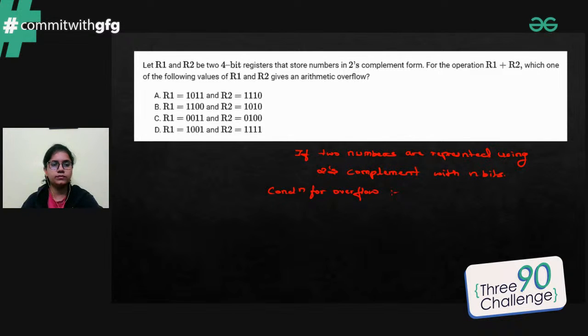Overflow occurs if the sign bits of the addends are the same and the sign bit of the sum is different from the addends' sign.